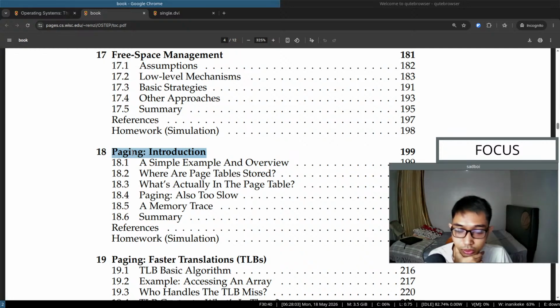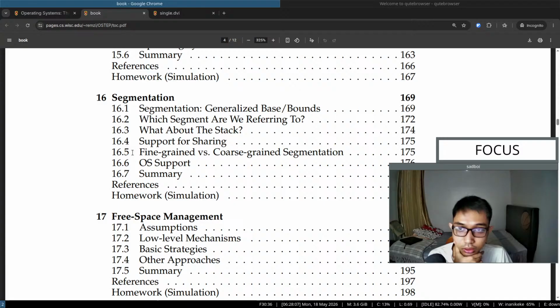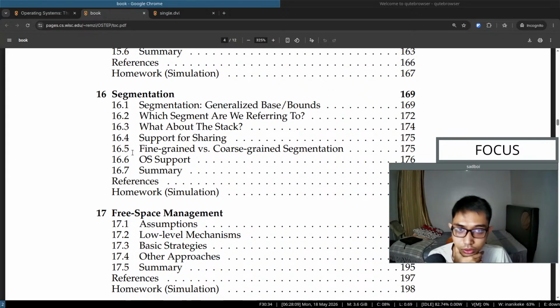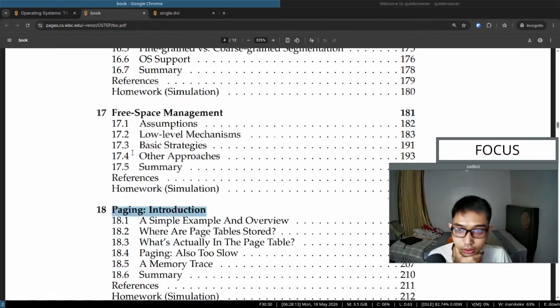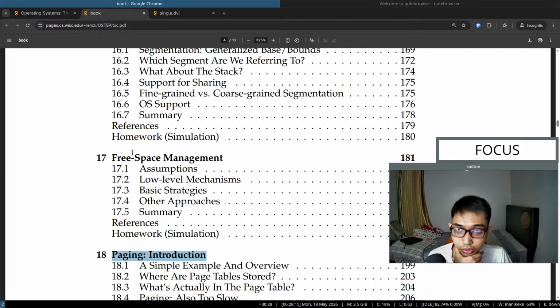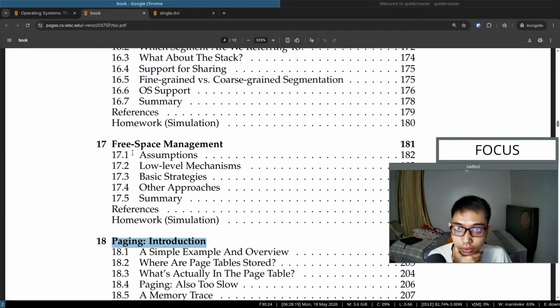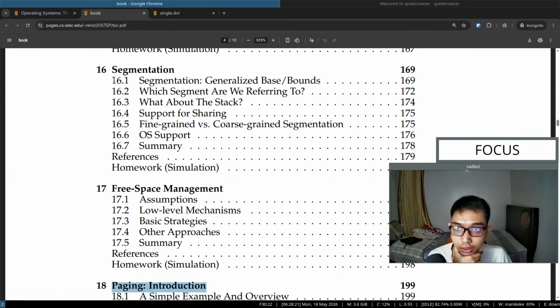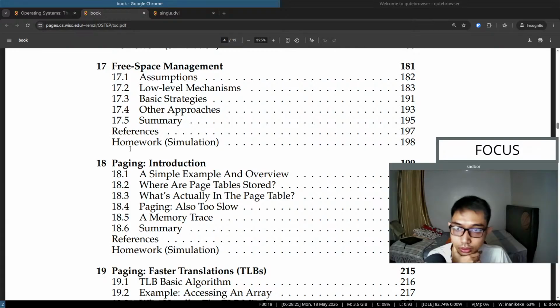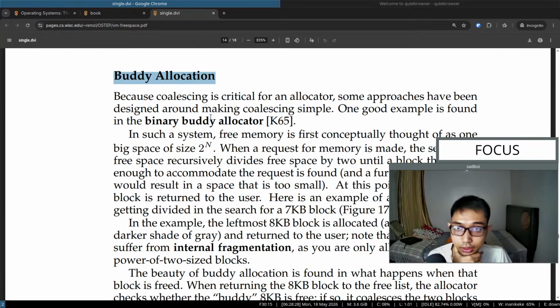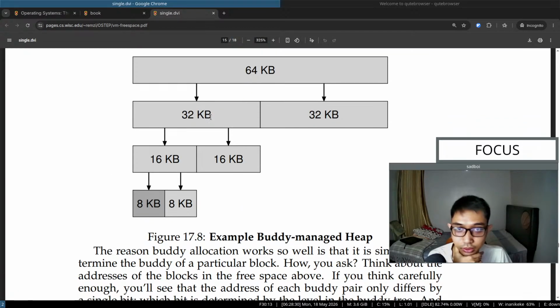It looks like paging uses a fixed size to divide the memory, instead of a variable size like segmentation did. Yeah, maybe. I'm still not sure.